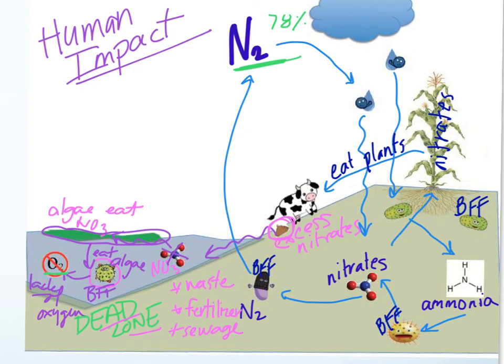So again, human impact, biggest impact that we have is creating that imbalance of nitrogen, allowing excess nitrates to run into the hydrosphere, causing those chains of events to create that dead zone. So you should have a full, little bit chaotic picture of one, how the nitrogen cycle works, and two, how the human impact creates those dead zones.